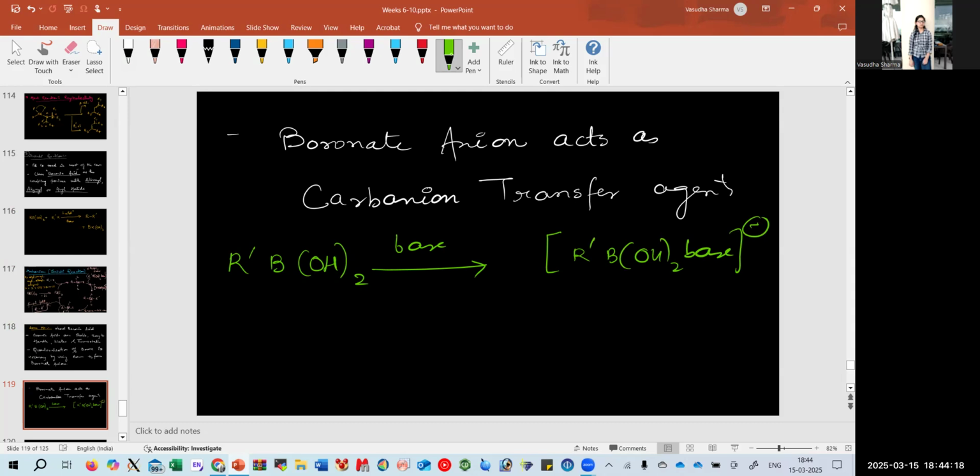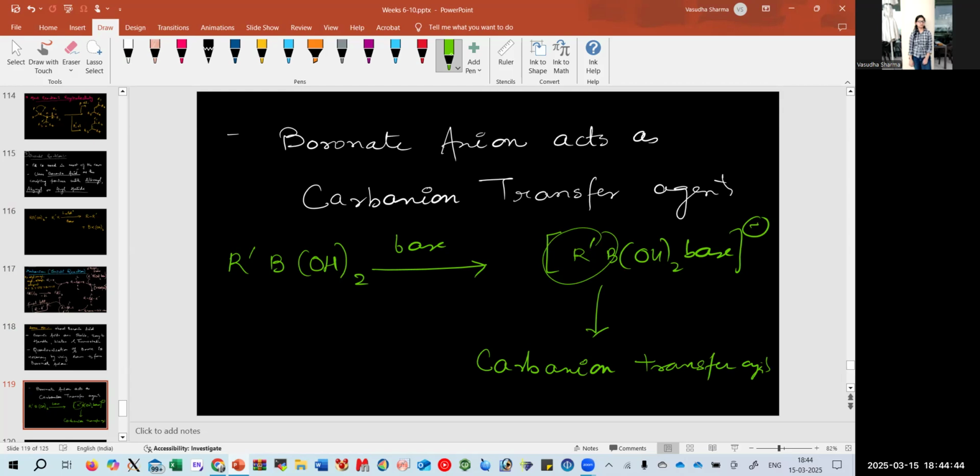This minus charge is taken by the R dash. Therefore, it acts as a carbanion transfer agent. You can understand it like a borohydride. When borohydride is there, H minus will transfer. Here, R minus, the carbanion, would be transferring. That's where your boronate ions become very important.